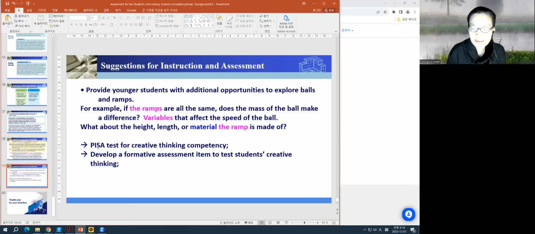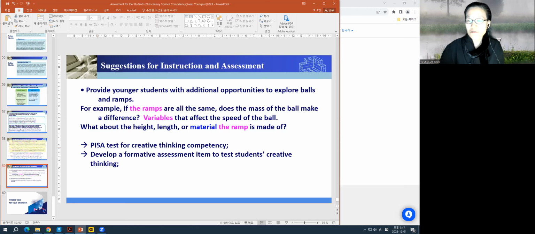What about the height of the ramp, length, or material of the ramp? If you made the ramp from something other than PVC pipe, such as a sticky surface, then the friction variable will affect the result of this experiment.